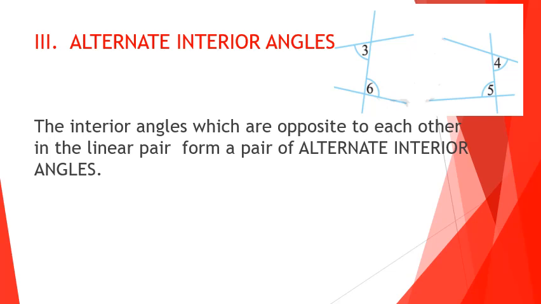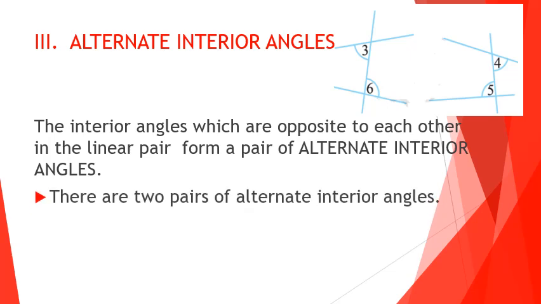So look at the figure. Angle 3 and angle 6 form alternate interior angles. Another pair is angle 4 and angle 5. There are two pairs of alternate interior angles. They are angle 3 and angle 6, angle 4 and angle 5.